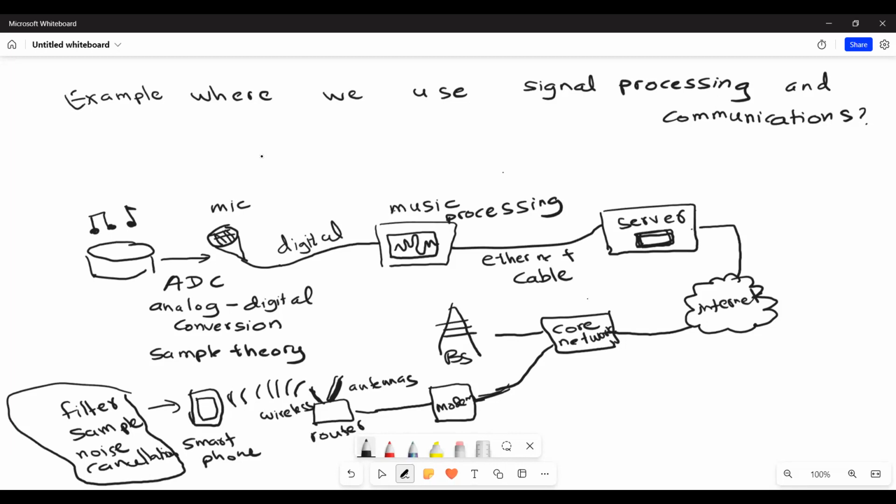So that is an example that we can use to identify the applications of signal processing in a real world scenario. All these signals that we observed in this situation basically have some randomness in them, right?